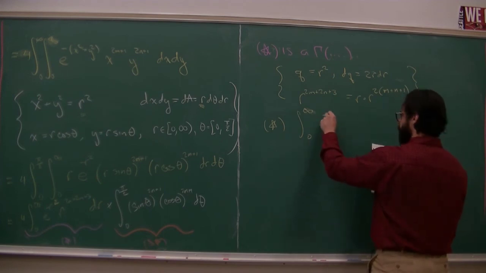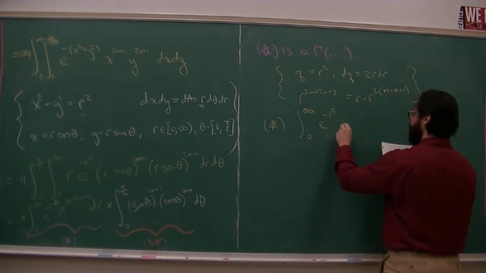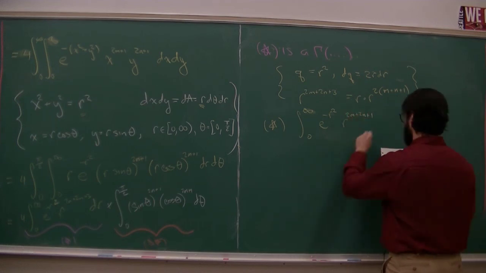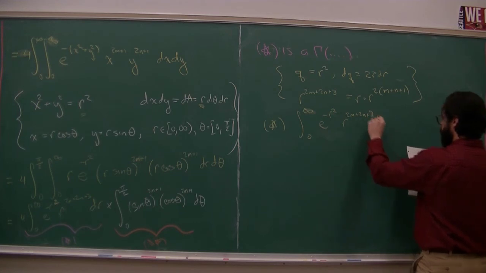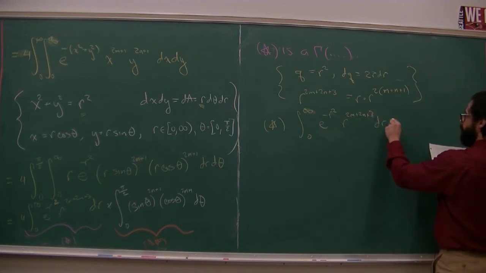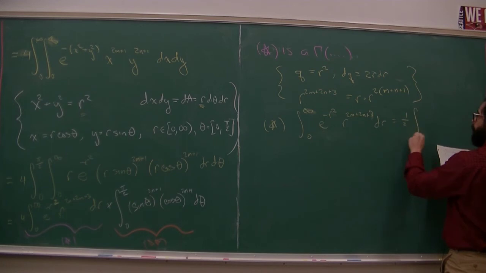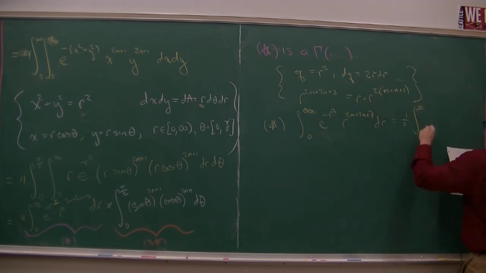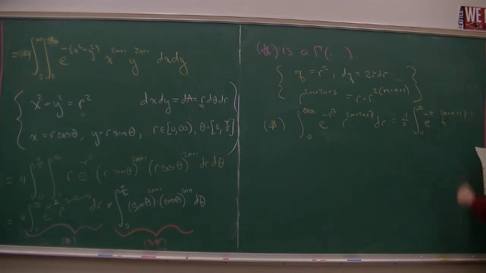So now we have e to the minus r squared, r to the 2m plus 2n plus 1. So this is just rewriting r to the 2m plus 2n plus 3 dr, is equal to 1/2 from the dq part. e to the minus t, now we look like a gamma function. t to the m plus n plus 2 minus 1. There's a reason to write it that way, dt.